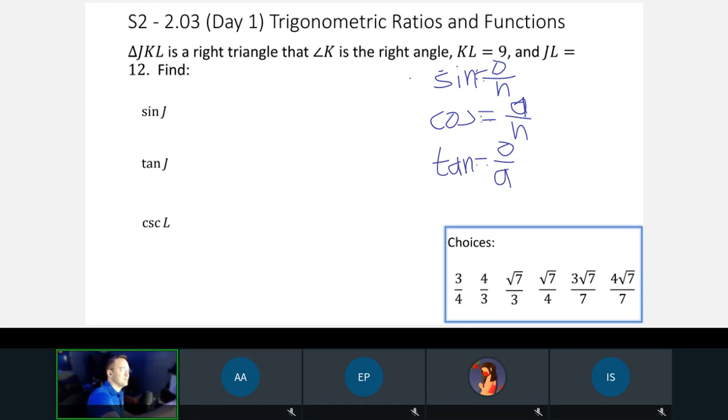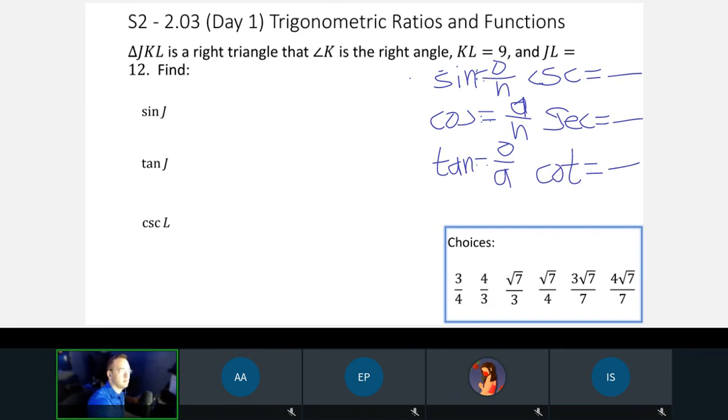Yeah. So sine and cosecant are opposites. Cosine and secant are opposites, and then tangent and cotangent are opposites.